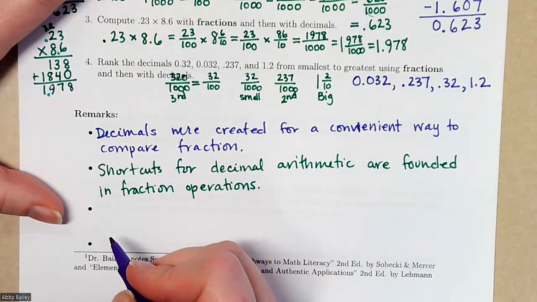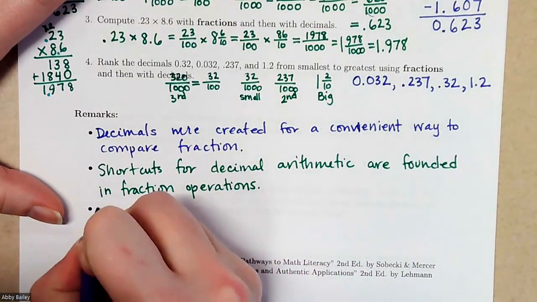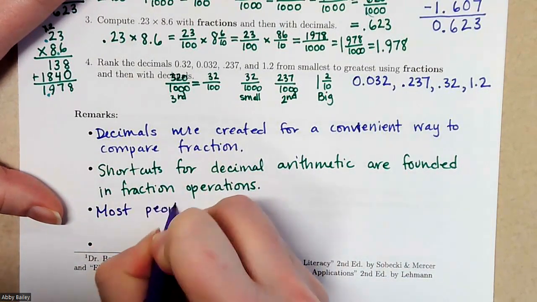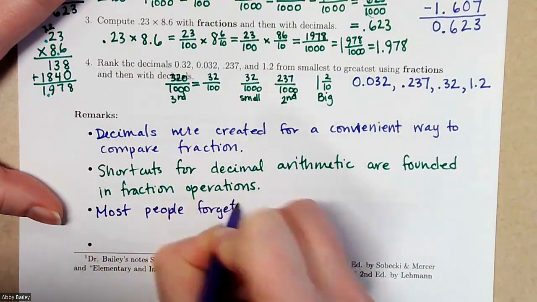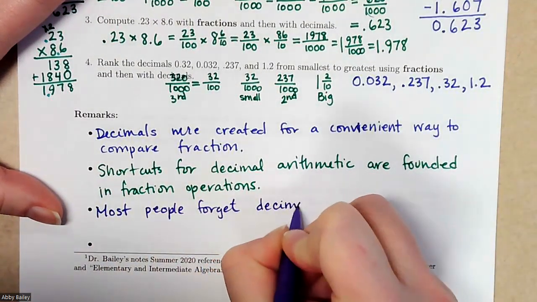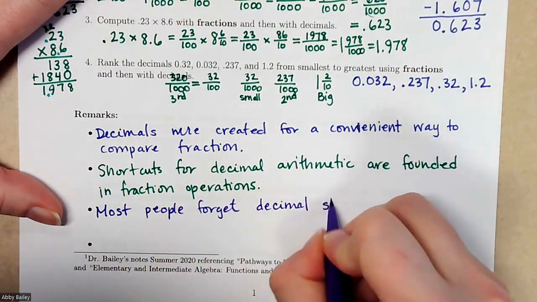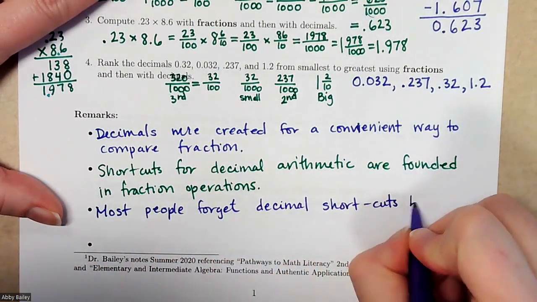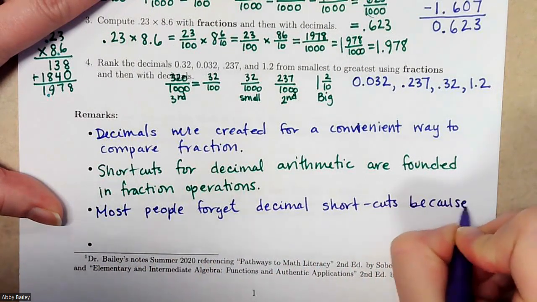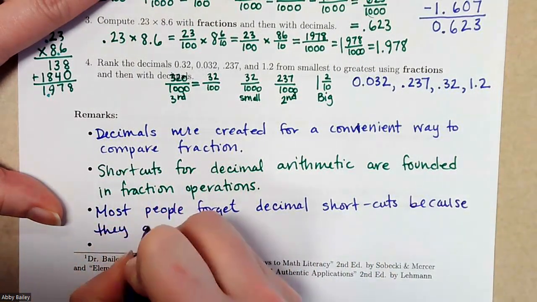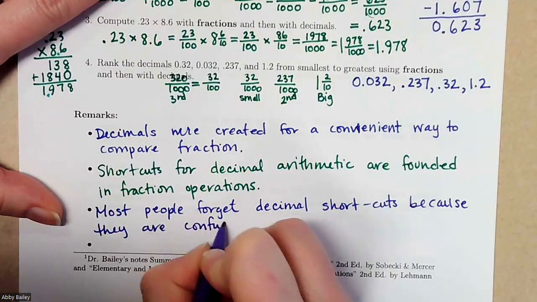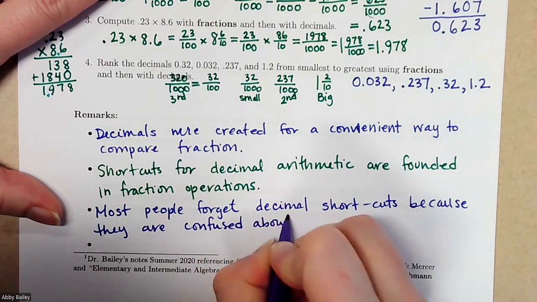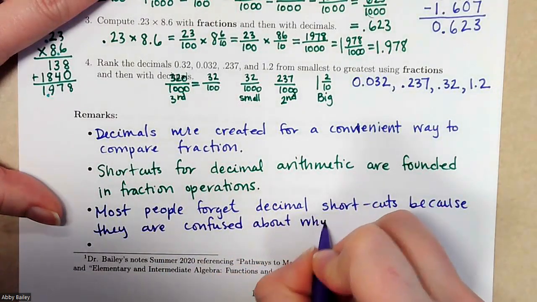Another thing that I feel is remarkable is that most people forget decimal shortcuts because they are confused about why they work, or they forget why they work.